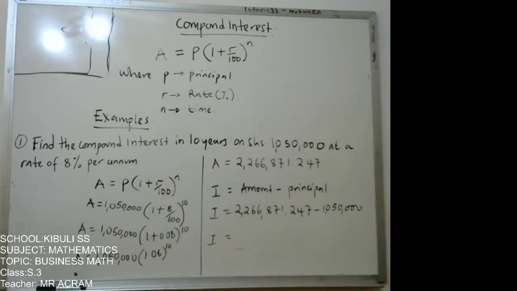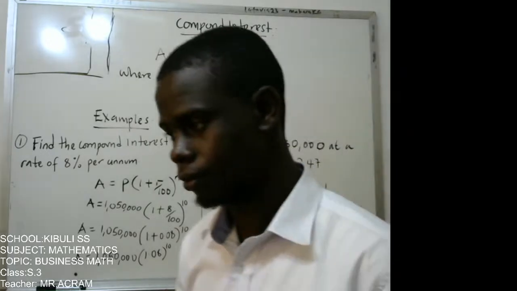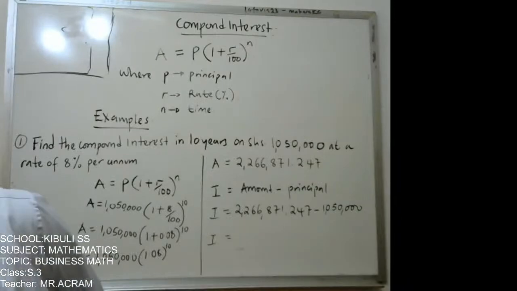2,001. Sure, it is 2,000. 2,161,871. Sure, when you remove 1 million, do you remain with the 2 million? Remember, you're removing 1 million.